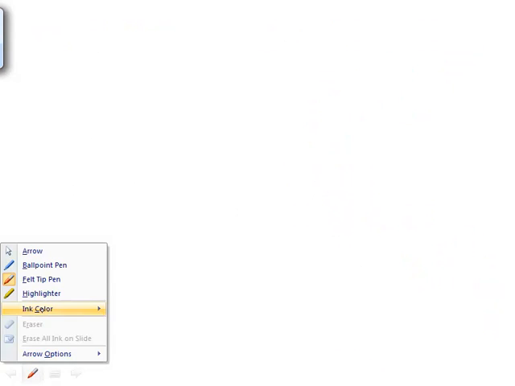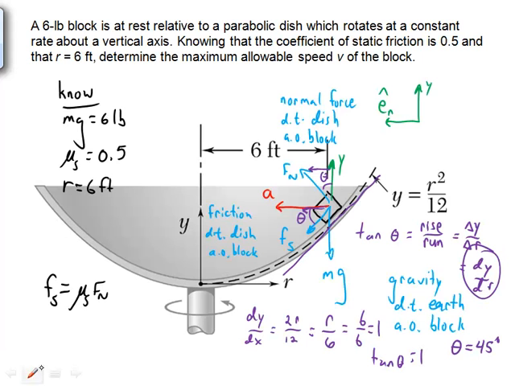So as I write out my force equation, the sum of the forces in the normal direction, I'm going to have Fn sine theta plus Fs cosine theta equal to mv squared over rho. And actually we've called it r in this problem, so mv squared over r.